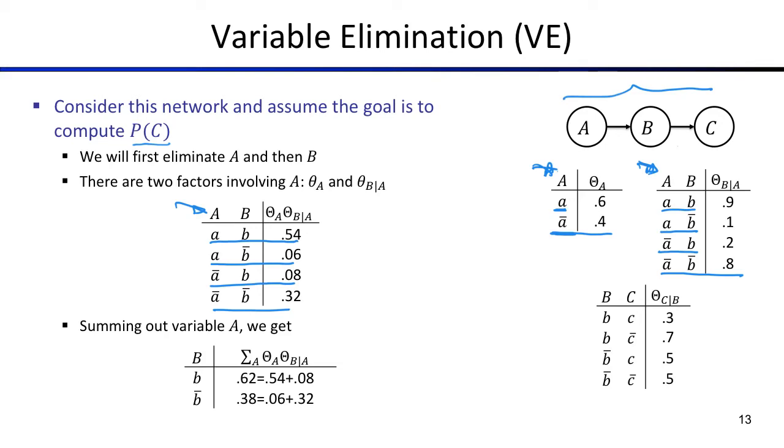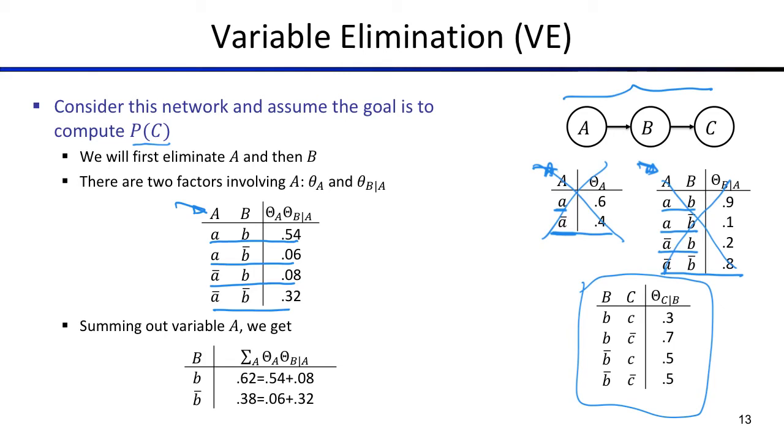Now we can forget about these 2 factors because we have already multiplied them and we have the resulting factor. So the 2 factors that are of our interest now are this new factor that has the join and this factor here that still has the information about B and C. We now have one factor, the new one, that mentions variables A and B, and also this other factor that mentions variables B and C.